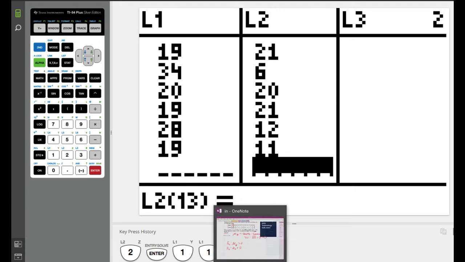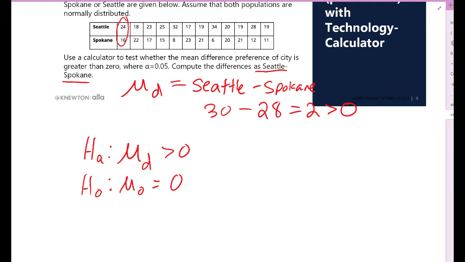So here is the deal. Let's go back to my work. Remember, our hypothesis is based off the difference of Seattle minus Spokane. So right now we need to actually calculate some differences.